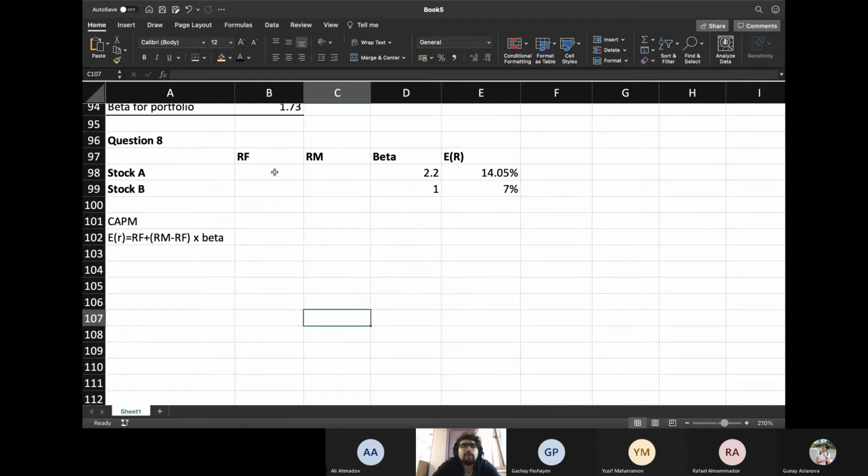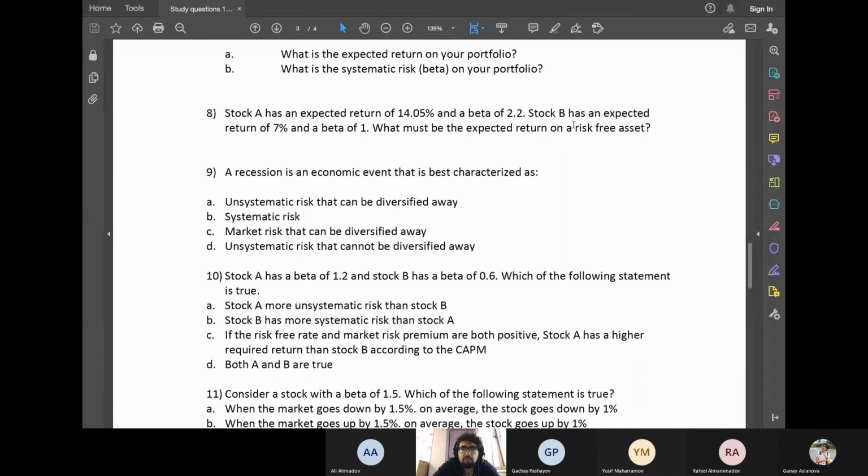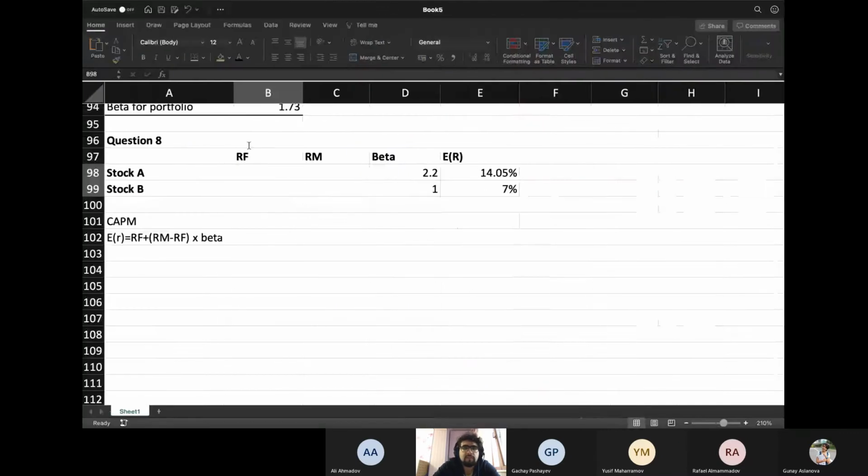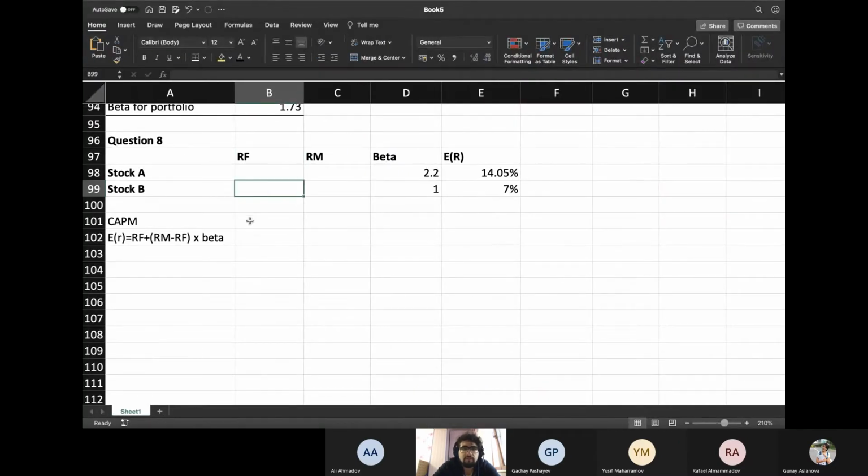So we should find RF, risk-free rate. The question is asking for expected return on risk-free asset. This is our risk-free asset rate, RF. Look at the stock B. If beta is 1, it means brackets are opened, expected return is equal to RF plus RM minus RF.